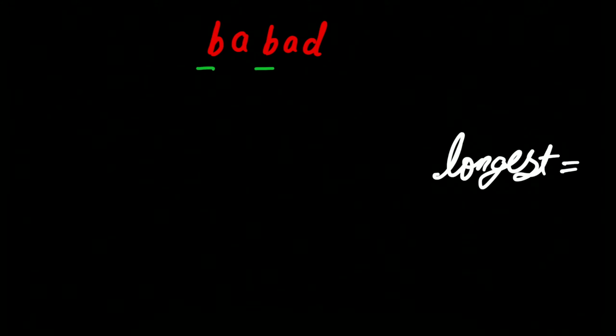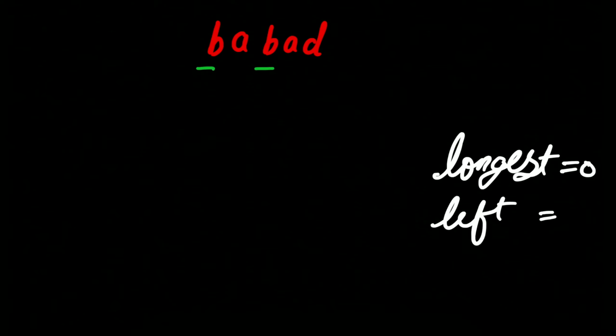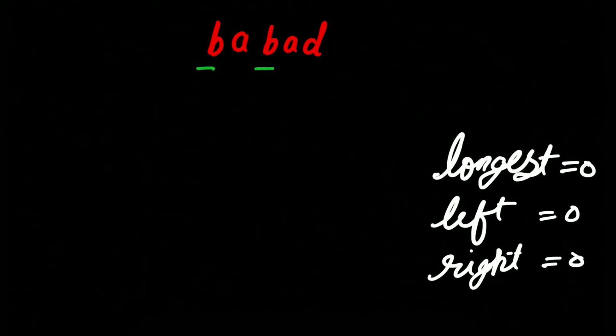We'll have a variable called longest, all right? By default, longest will be equal to 0. Then we'll also have left equal to 0 and right equal to 0. So now after we got this, we'll again go towards the left and right.